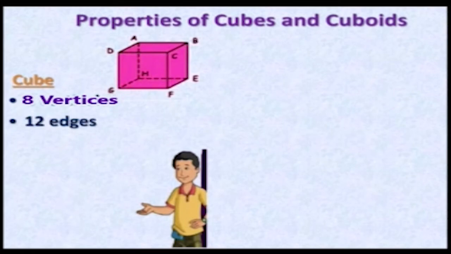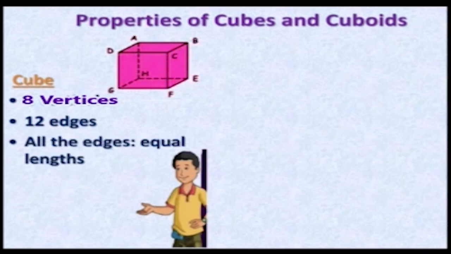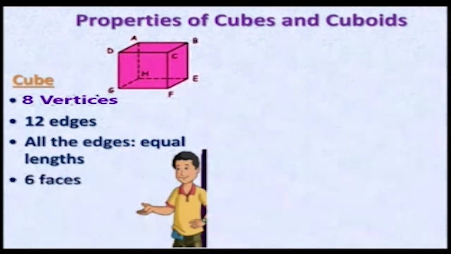Then 12 edges: 1, 2, 3, 4, then 5, 6, 7, 8, 9, then 10, 11 and 12. So in this way there are 12 edges, and all the edges are equal in length in a cube, right?